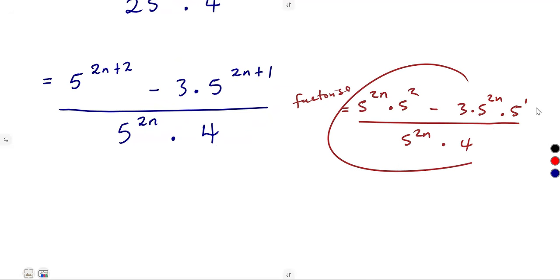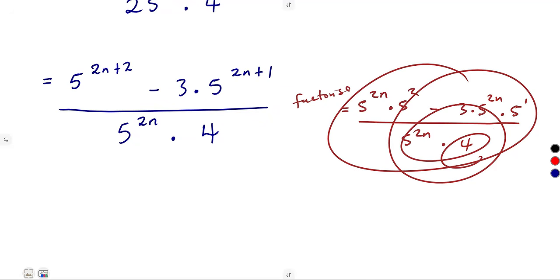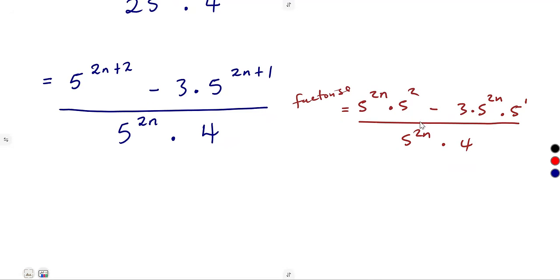This stage is just for you to properly see these terms separated, to say there's a 5 to the exponent of 2 there, there's a 5 to the exponent of 1. But even without that, we can see that, guys, factoring 5 to the exponent of 2n.